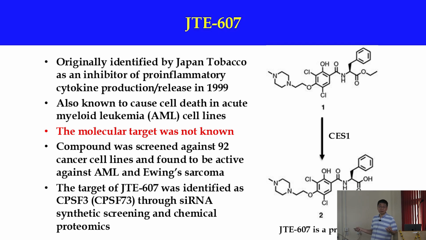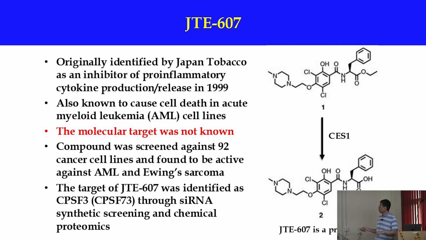So two cancers now, not just one. More importantly, using modern technologies, siRNA screening and chemical proteomics, they found that the target of this compound is CPS73. So this is the first known small molecule inhibitor against human CPS73.